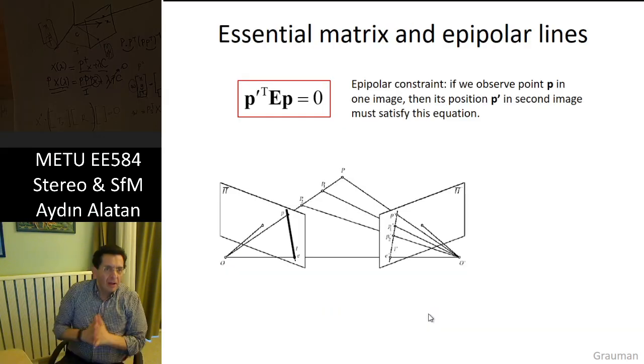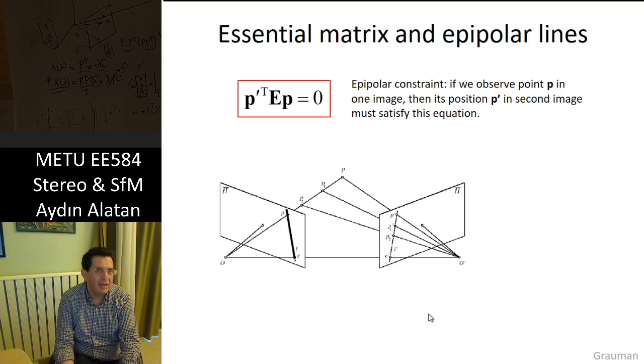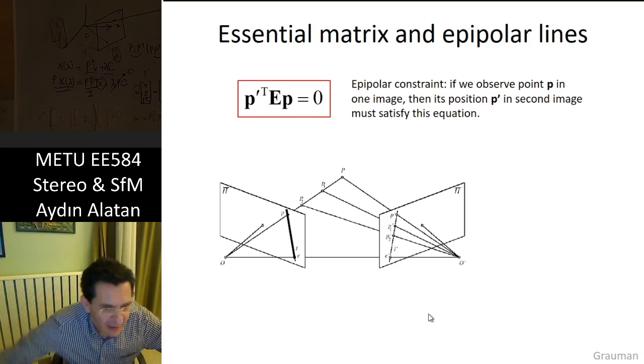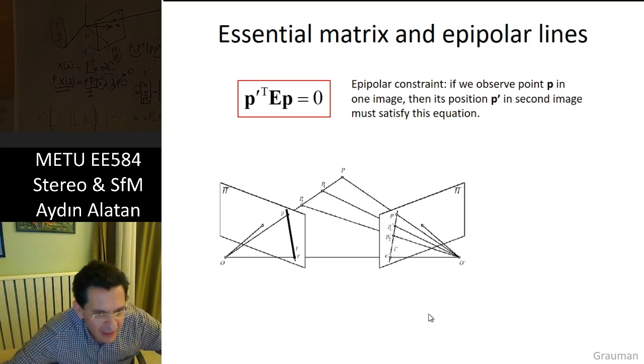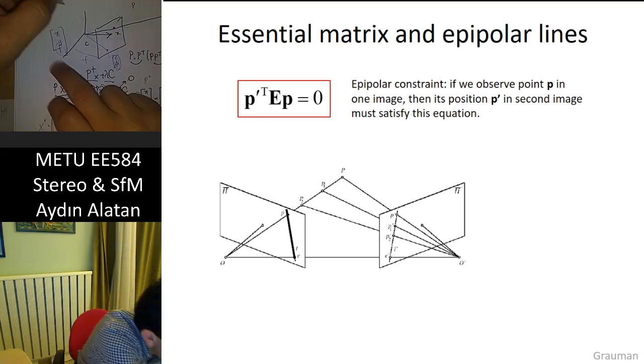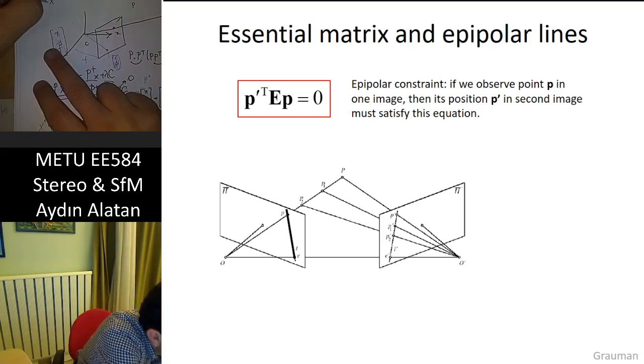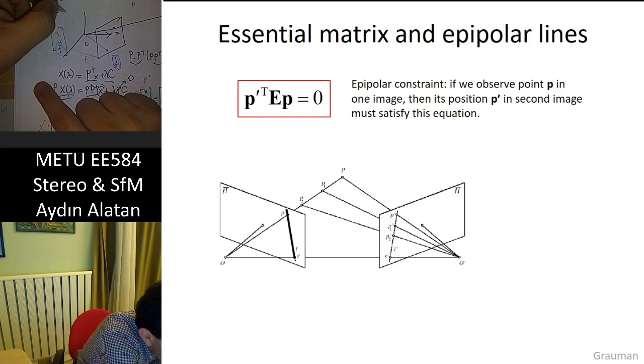Now, this matrix is nothing but defining, mathematically and algebraically, the line information. Let's remember one fundamental fact here. Let me write it here. There was this relation: line transpose L, for X on the image plane, X transpose L is 0.